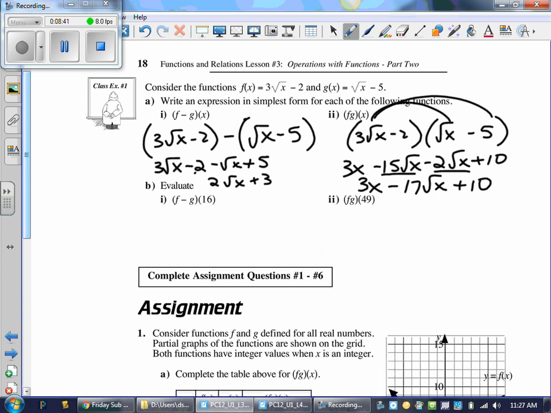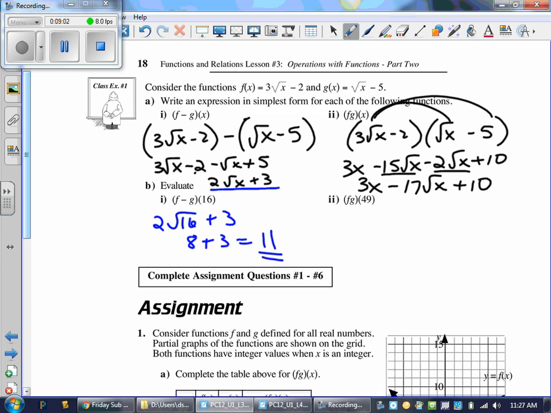All right. So now it says, what about f minus g of 16? Well, since we now have a simplified version right here, we can just take our 16 and plug it in. So this becomes 2 times 4, which is 8. So we get a final answer of 11. And over here, same thing.